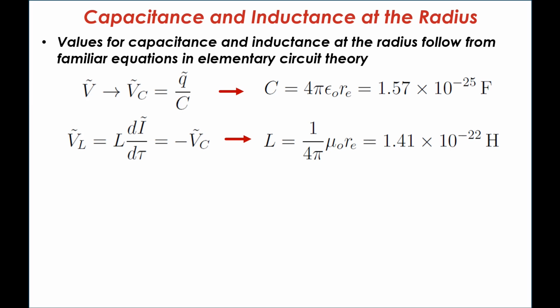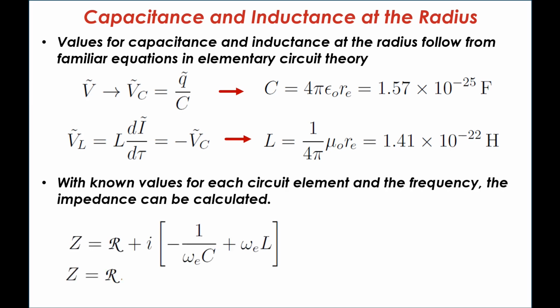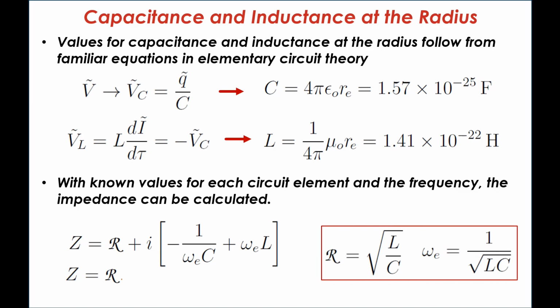With known values for each circuit element and the frequency, the impedance can be calculated. Of course, the reactance vanishes at resonance, so the impedance is simply the radiation resistance.